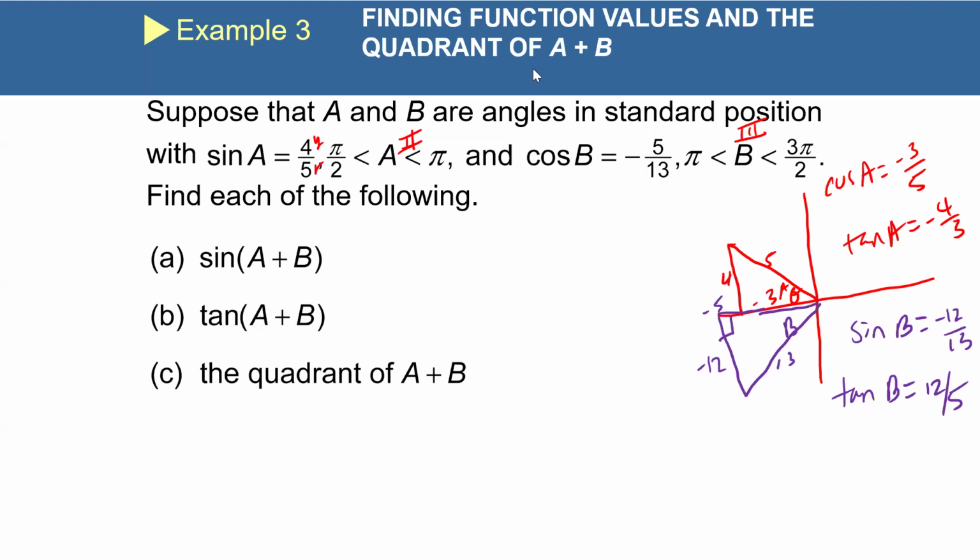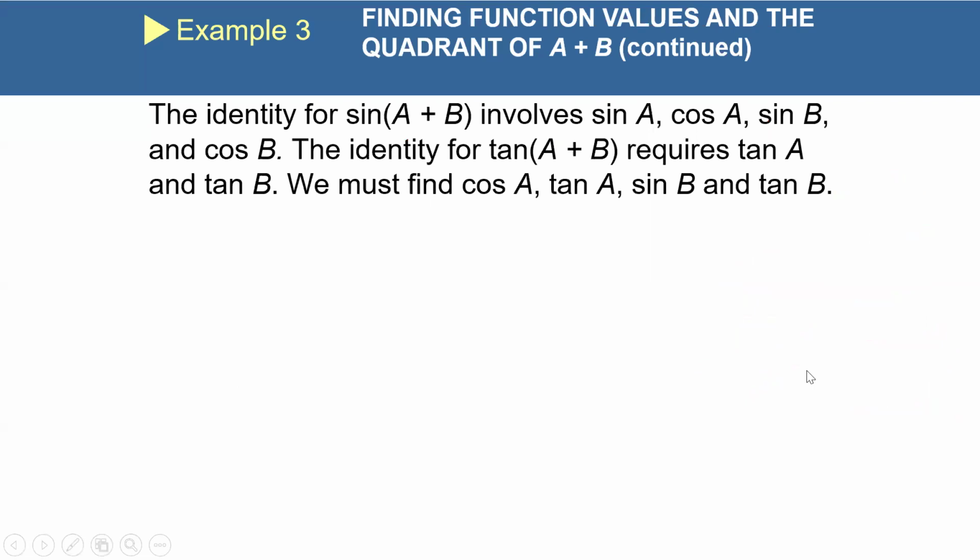Okay, here we go. So your cosine is x over r. So now we're going to go through the process. So remember, you have all of your values that you need and you've written them down. So let's start with the first identity, sine of A plus B. It involves us having sine of A, cosine of A, sine of B, cosine of B. Okay.